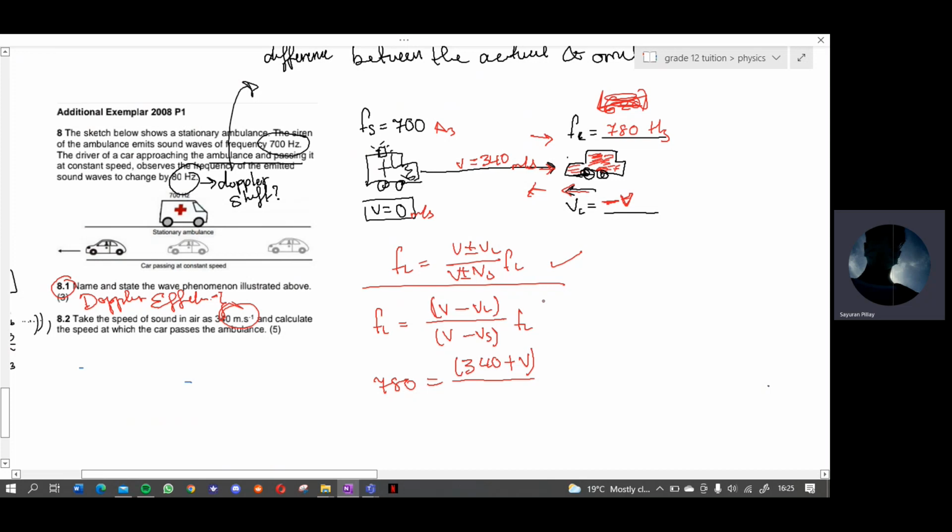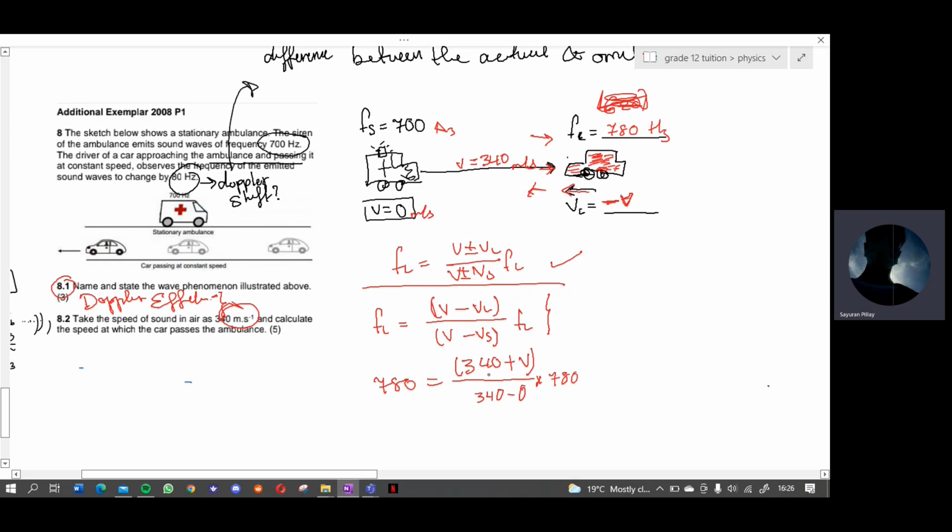Don't worry about why. Well, you can, but just do it, right? It makes sense. Because it's moving in the opposite direction to sound, we take it as a negative quantity, because we're using a variation of the equation, a better one, mind you, where we have a negative in our bracket. We simply substitute accordingly. So 340 minus negative v is 340 plus v, and at the bottom we just have 340 minus 0, which is just 340, times the source frequency.